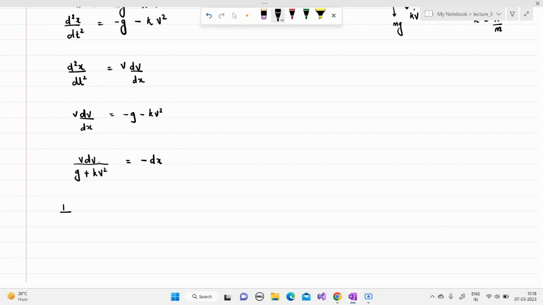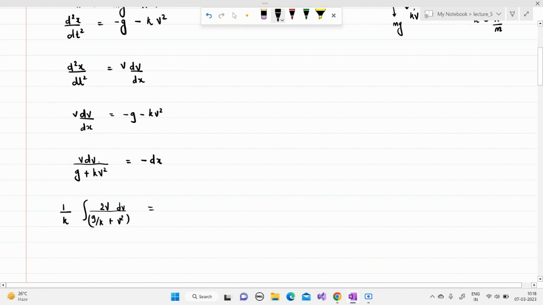I'll just rearrange: 1 by k integration 2v over g by k plus v square dv is equal to minus dx.